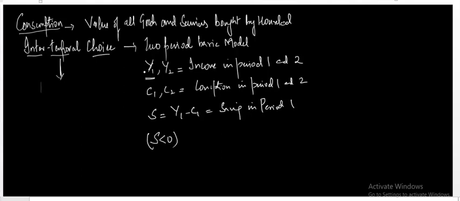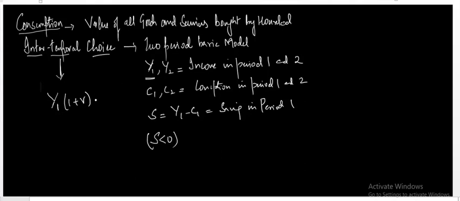Now if the consumer has made a choice of not consuming in period 1 and instead saving that income and then consuming in period 2, assuming that he is not consuming anything in period 1, he can simply invest it for some time, say for example 1 year.